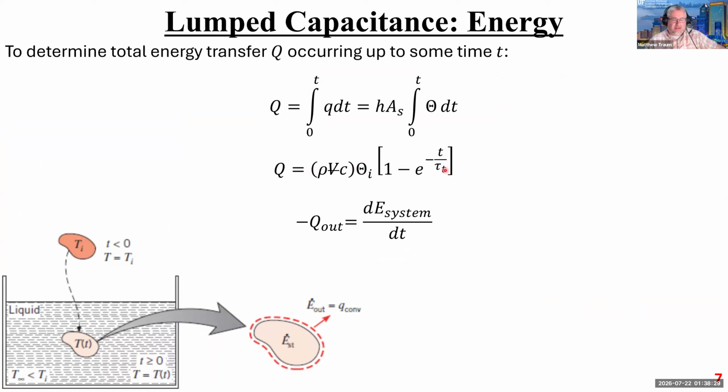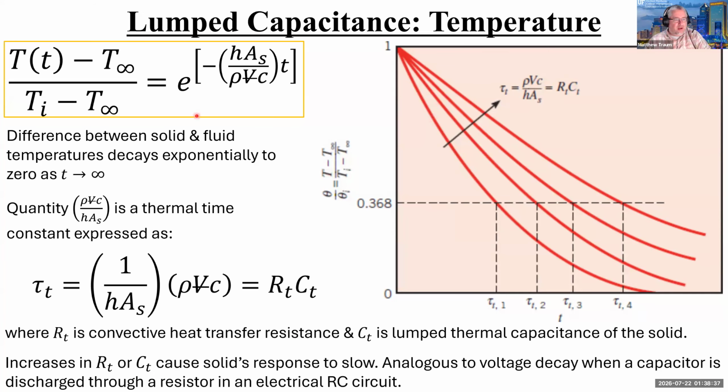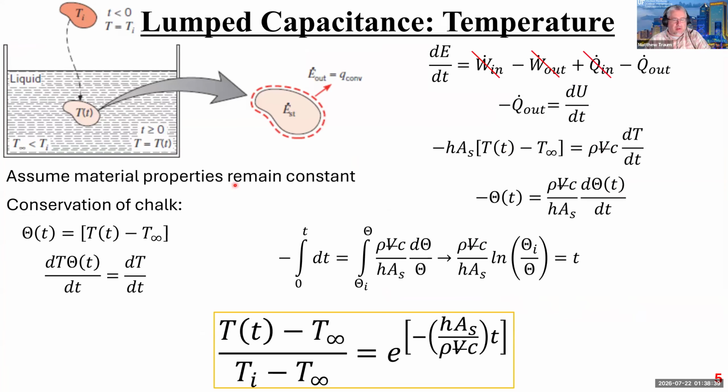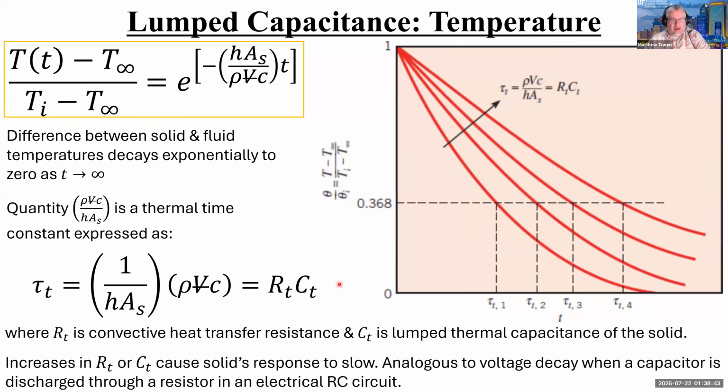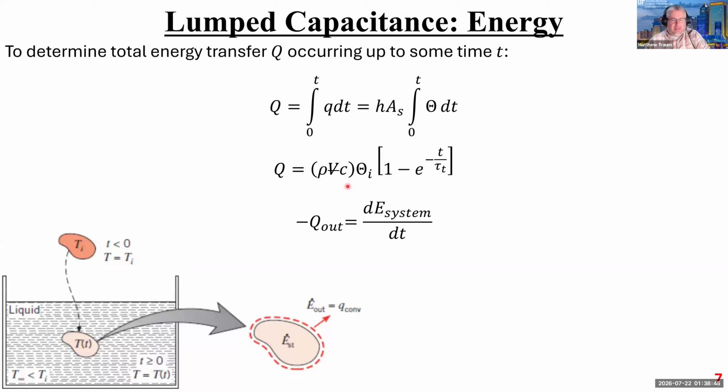I'm taking my expression for theta from here, plugging it in here, and then doing the integration, and this is what pops out. So this is my value for Q.